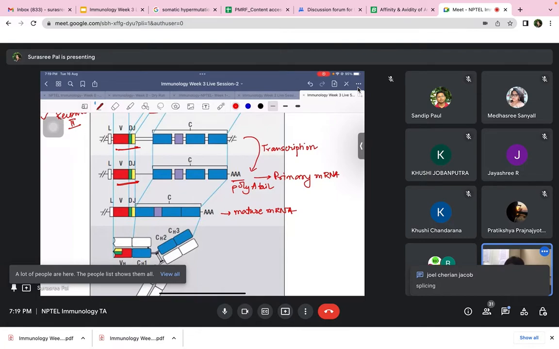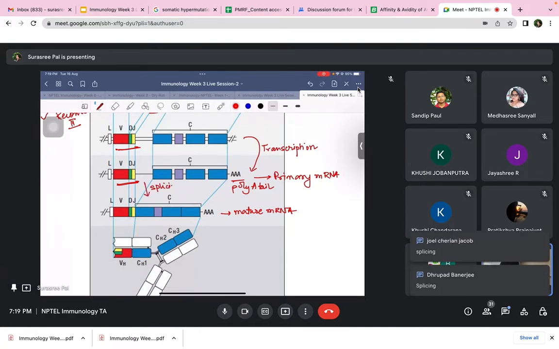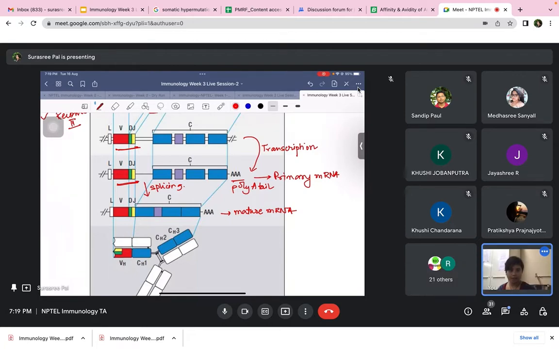Splicing, exactly. So this is the event of splicing that takes place here. Yes, Khushi, don't worry, I will go through some of the practice questions. Okay, so the primary mRNA undergoes splicing to form the mature mRNA.